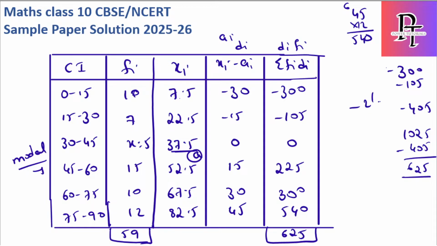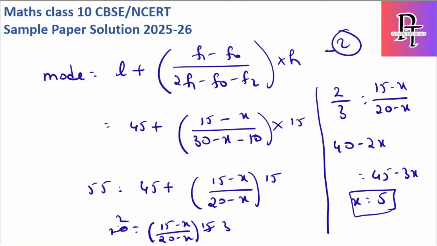This whole will get 2.5 marks. The starting L values and H values, those will get half mark. These values and formulas total will get 2.5 marks, and the mean calculation will get 2.5 marks.